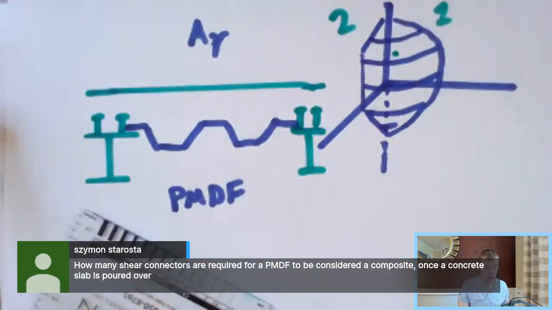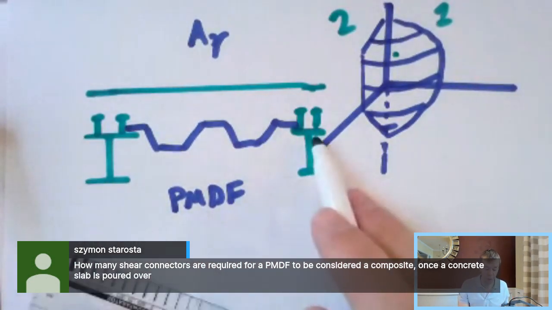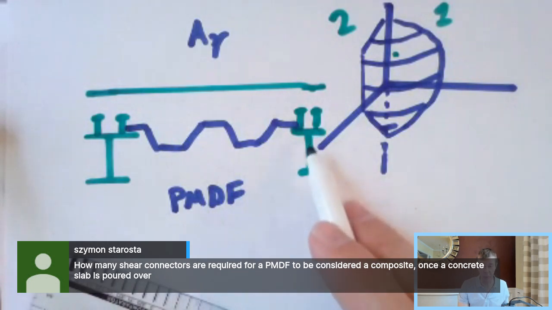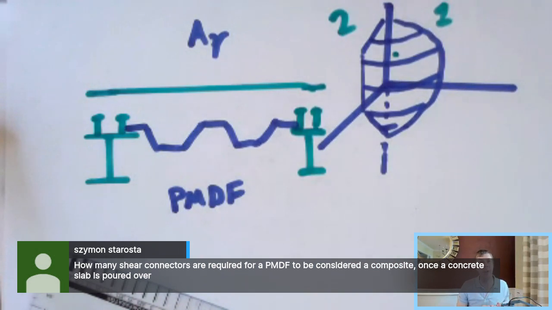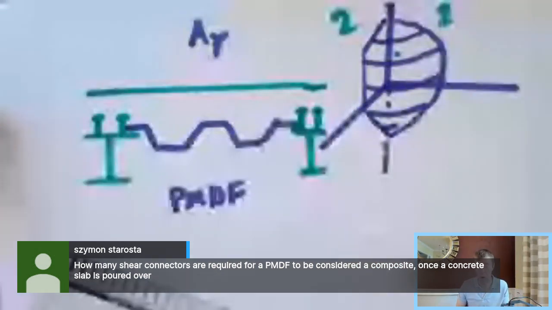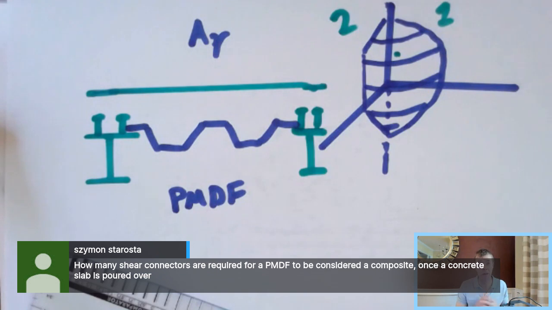So that's going to depend on a lot of different stuff. Mainly though, what the shear is on the beam. And I think it's the dimensions of the slab and the dimensions of the beam as well. There are videos all about it. Search YouTube for me, composite beams. You'll find videos about it.